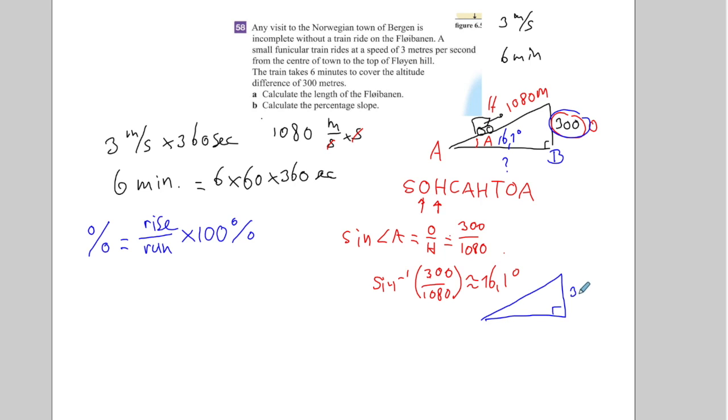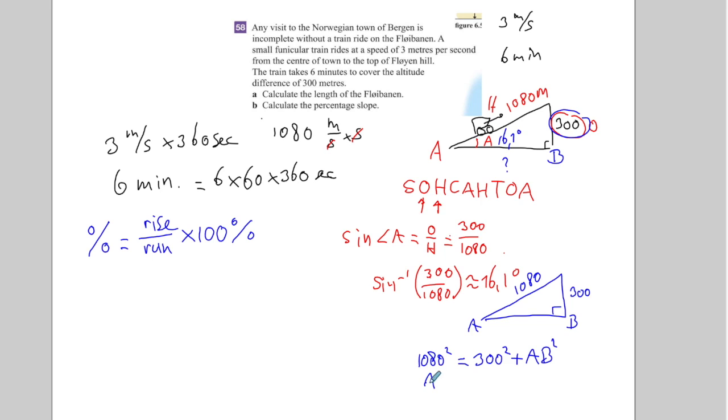I know this is 300. I know this is 1080. So this is AB. I can calculate 1080 squared equals 300 squared plus AB squared.